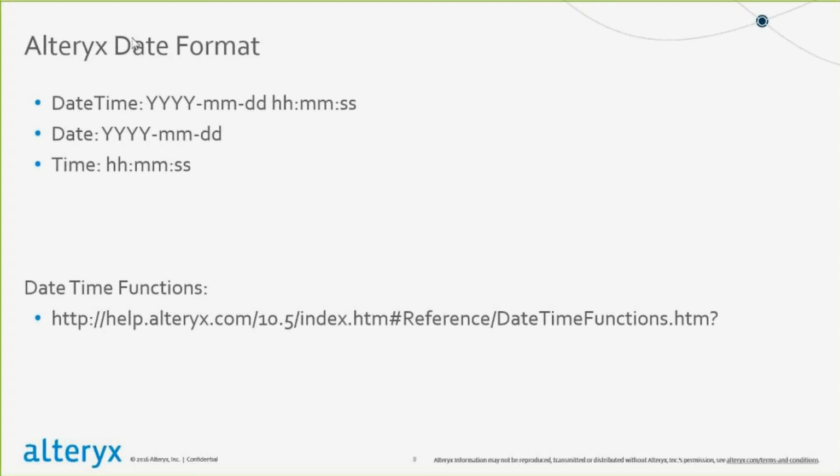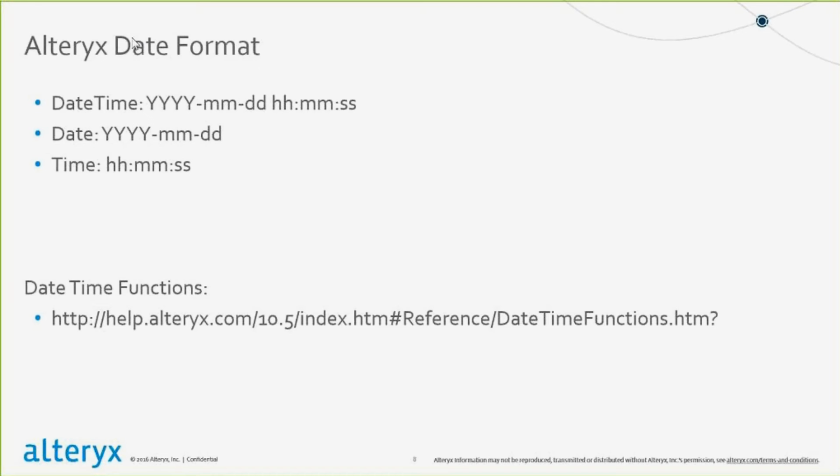If I wanted to add 7 days to a current date or 5,000 minutes, that's something we can't easily compute mathematically because the numbering is different, right? A minute ends at 60 seconds, and then it renews a new minute. We know that days in a month vary, even based on year. So converting to a date time is really critical when we want to do any sort of date-sensitive calculation.